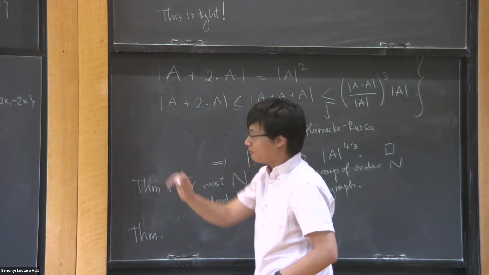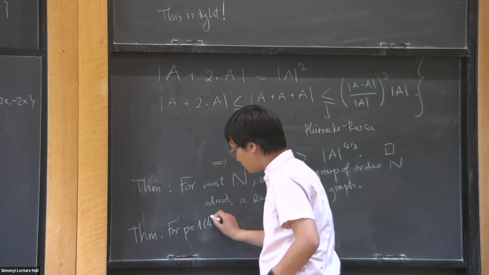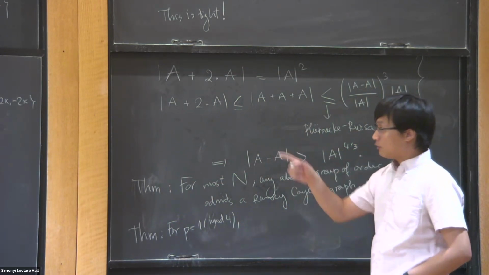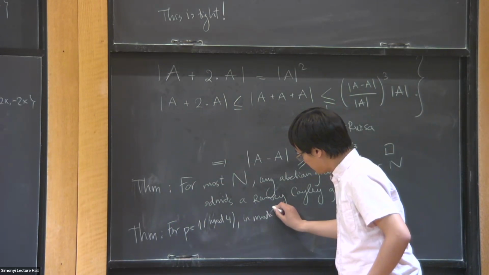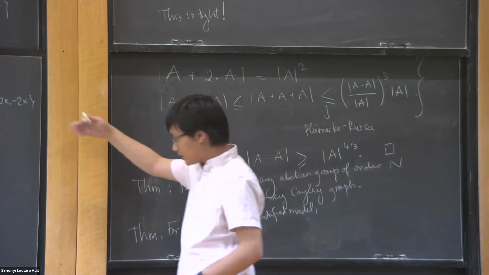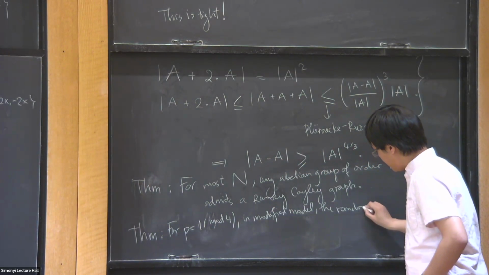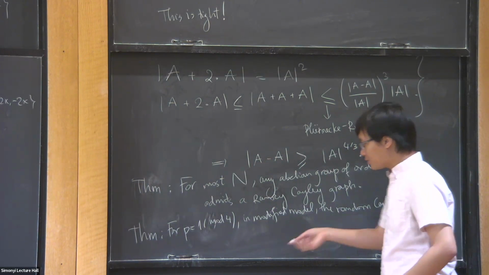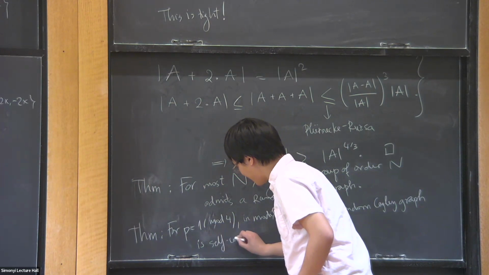If we look at Fp to the D, for p, let's say, equal to 1 mod 4, under this modified model, the random Cayley graph produced by this model is going to have this nice property: it is self-complementary. I will explain why I'm saying this.